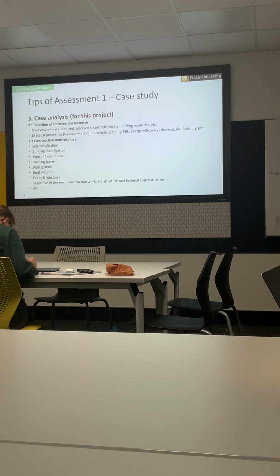Maybe you hire a professional to do the investigation for the soil classification. But for your writing, if you cannot find the specific information of the soil classification, you could research online, and you can find general information of the soil classifications for Perth, for construction purposes. Based on that information, you propose your building classification, your construction method.